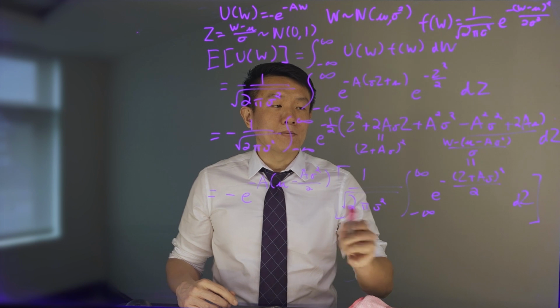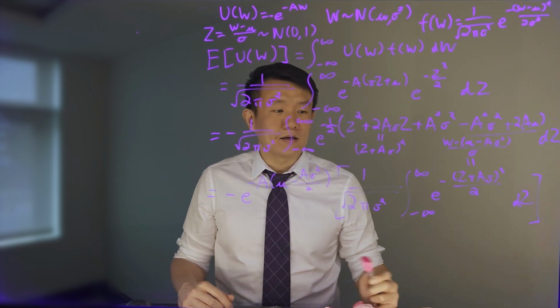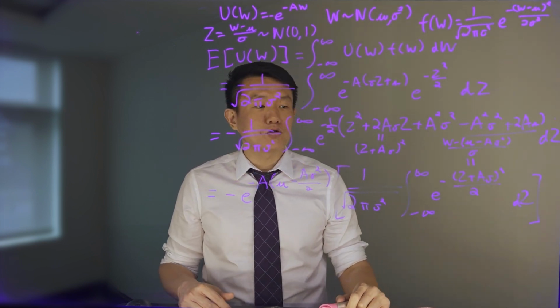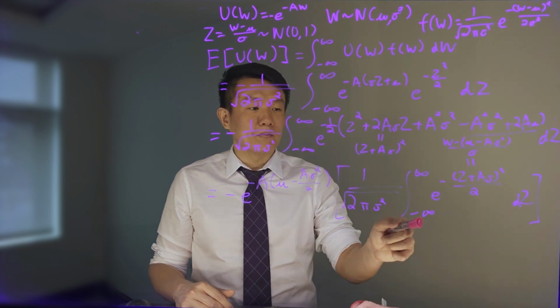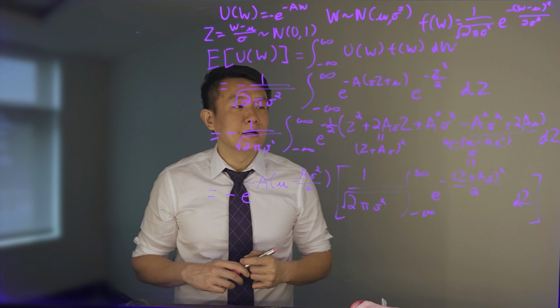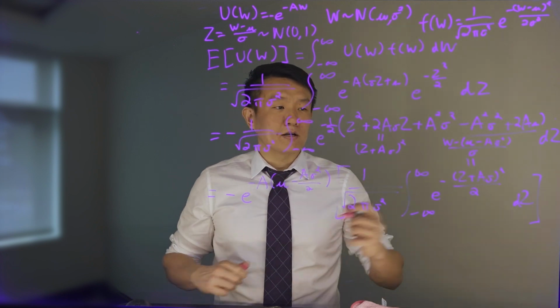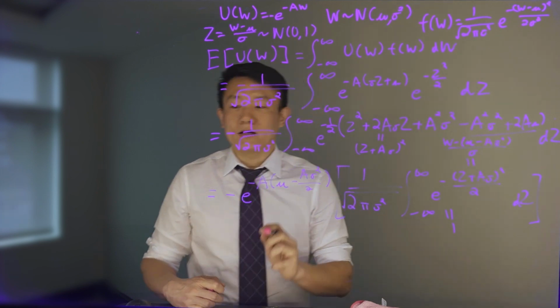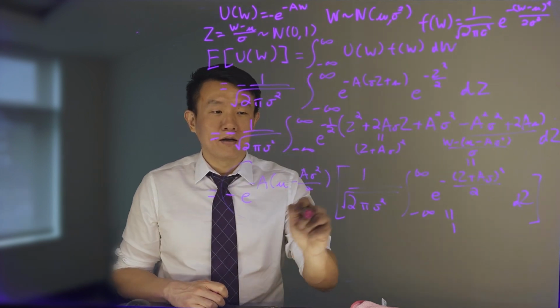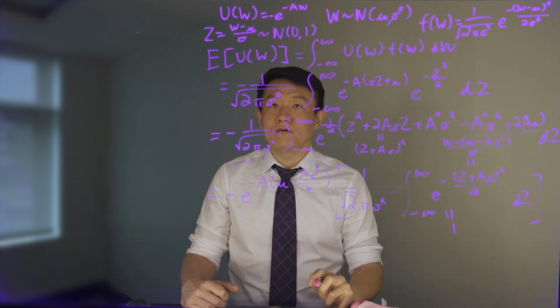Any time I integrate the density of a normally distributed random variable across its entire support from minus infinity to infinity, that's always going to integrate to 1. So this whole term integrates to 1, and the expected utility is just all this stuff that's left over.